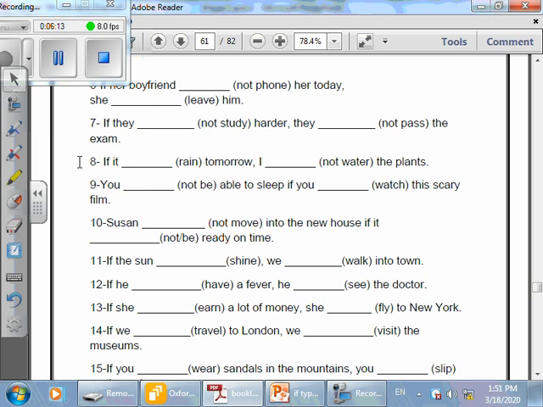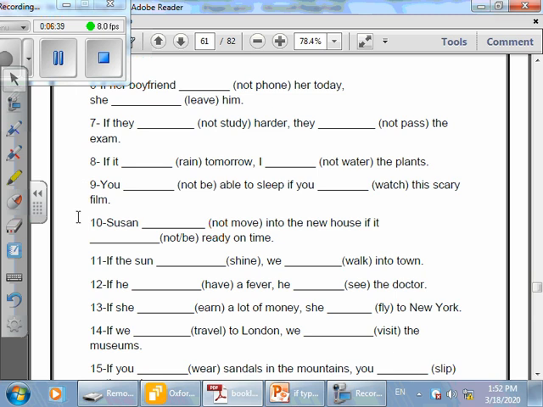If it rains tomorrow, I will not water the plants. You not be able to sleep if you watch this scary film. So the answer will be, you will not be able to sleep if you watch this scary film.